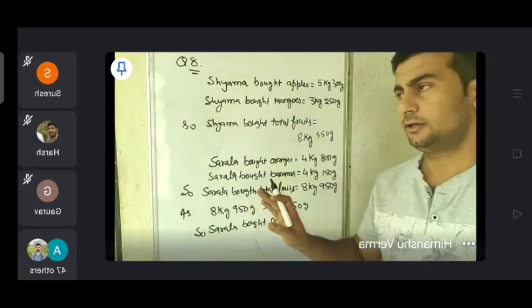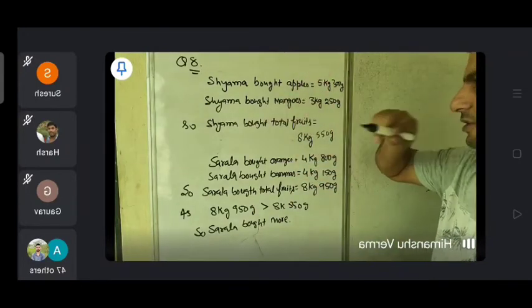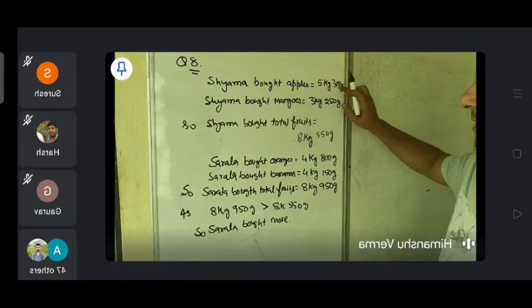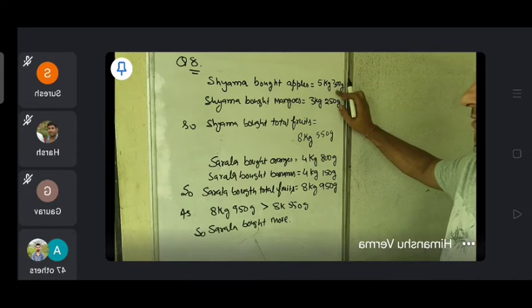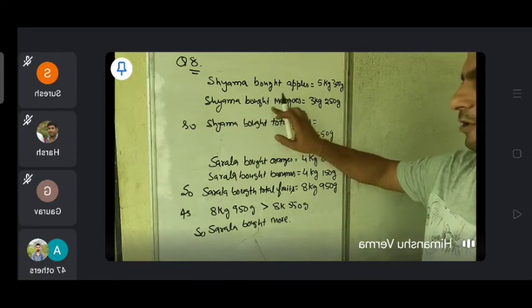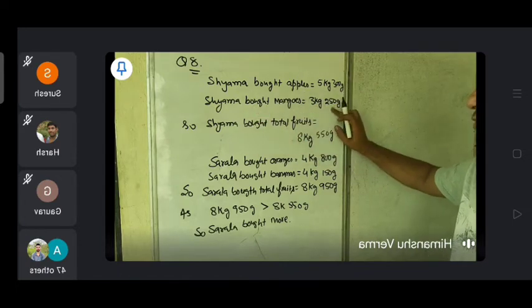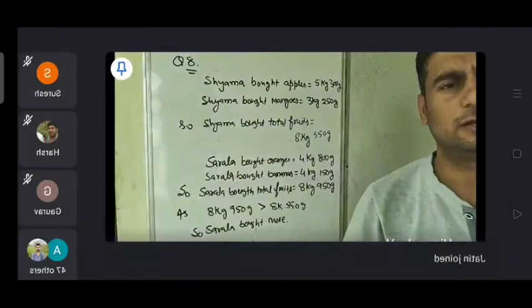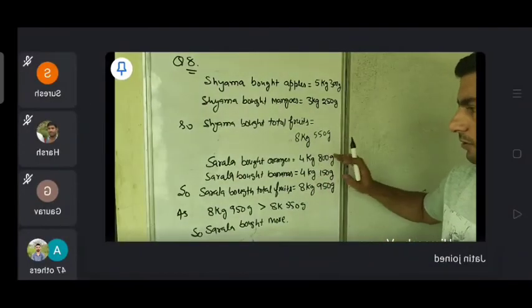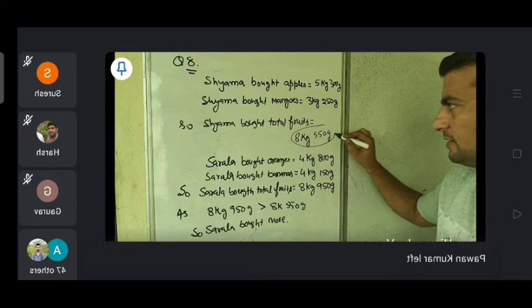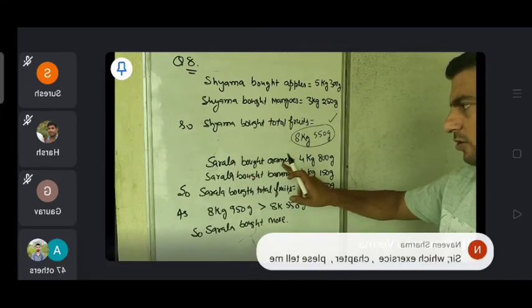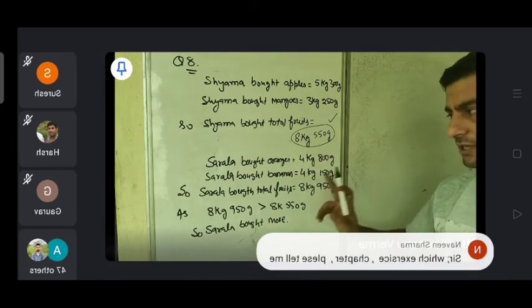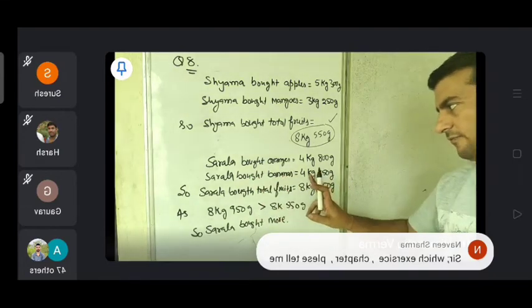You can also watch this question again. Shama bought the apples 5 kg 300 grams. Shama bought mangoes 3 kg 250 grams. The total is equal to 8 kg 550 grams. Okay. So now the total is given by this number. Now Sarla bought oranges 4 kg 800 grams. Sarla bought bananas 4 kg 150 grams.